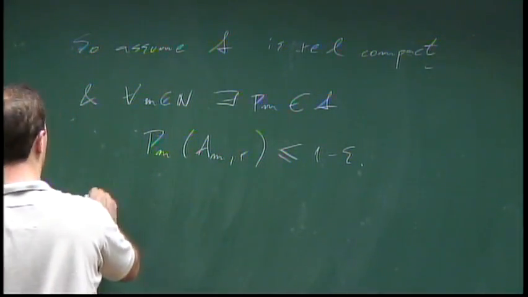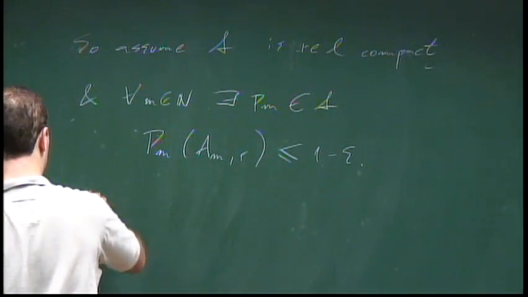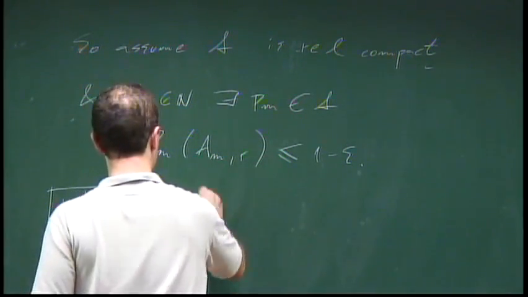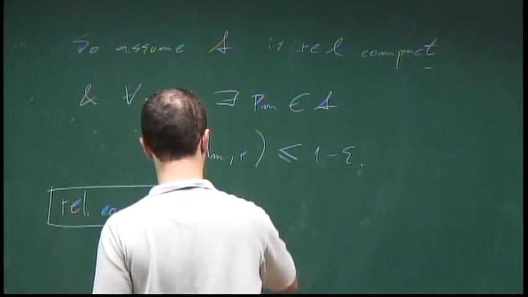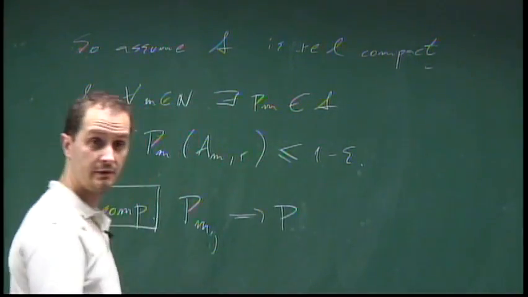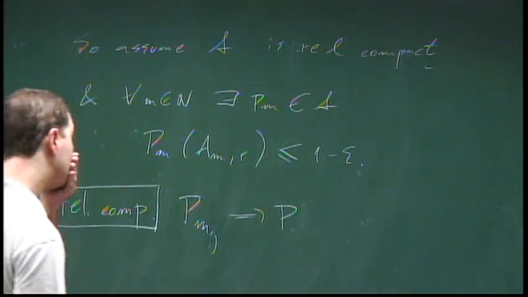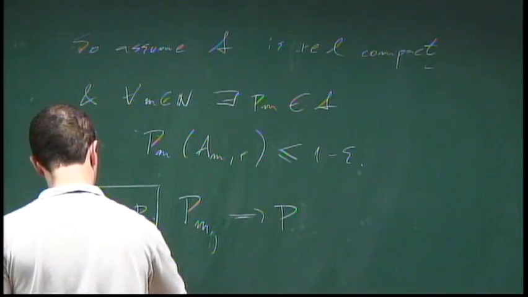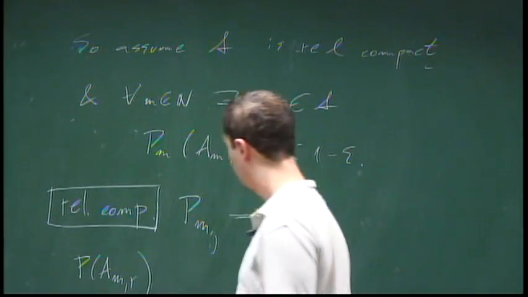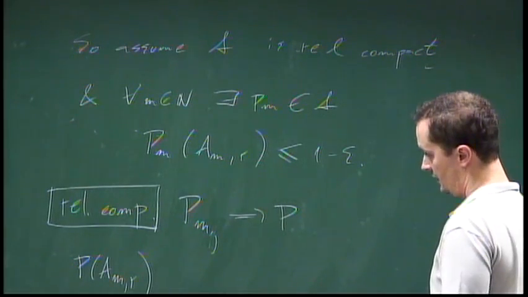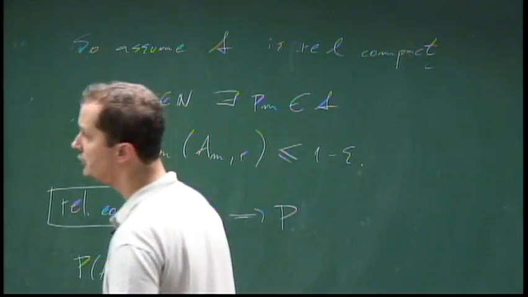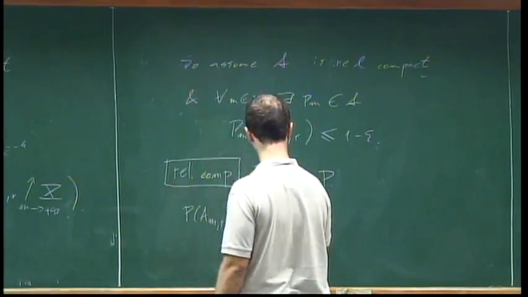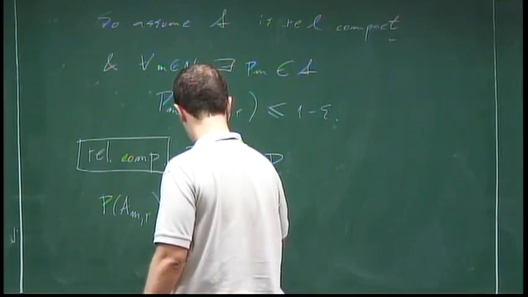And now what do we do? So by relative compactness, we get that some subsequence of these measures converges to some P. Right, so let's say P of A_m^r is, by the properties of weak convergence, less than or equal to the limit.